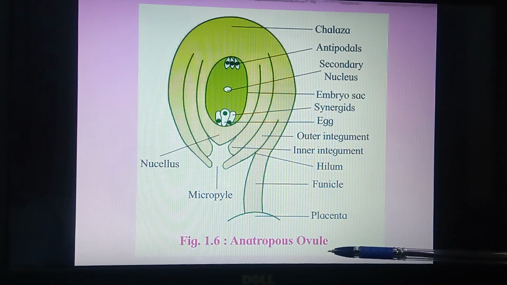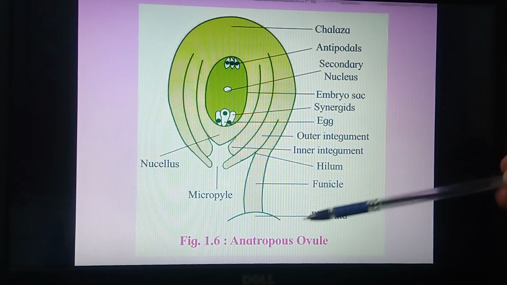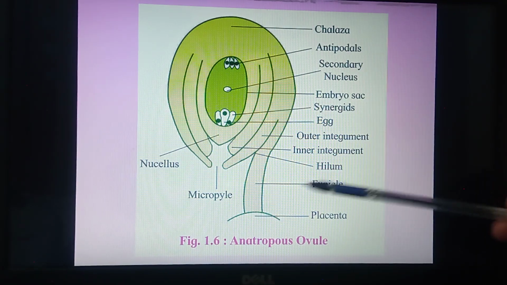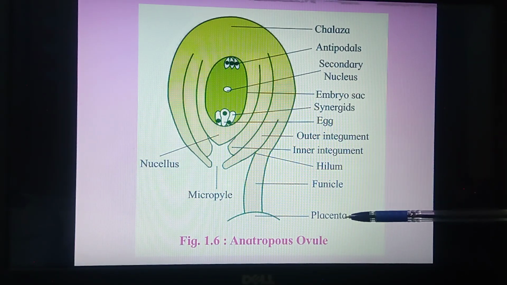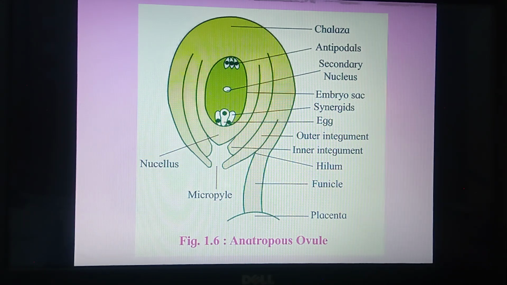In the case of the anatropous ovule, the attachment of the ovule inside the ovary is called the placenta. We have discussed the detailed account of the placenta last year.